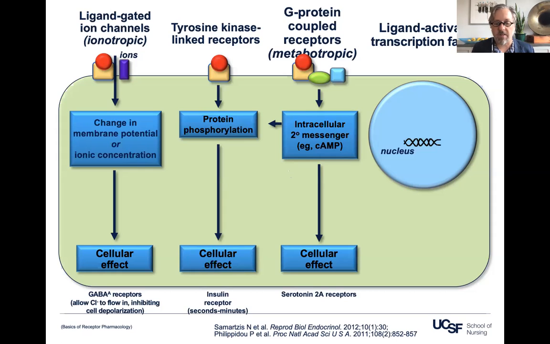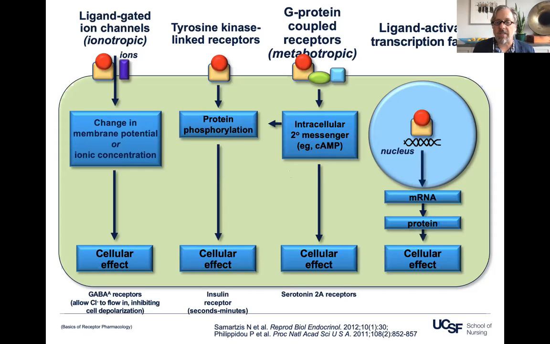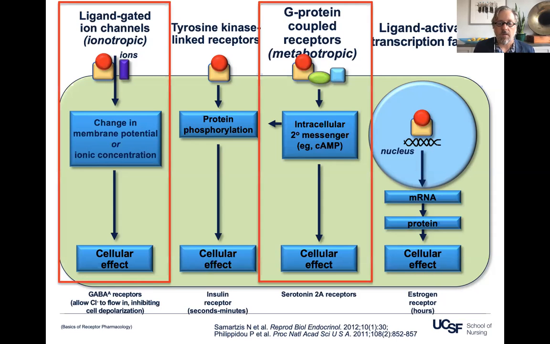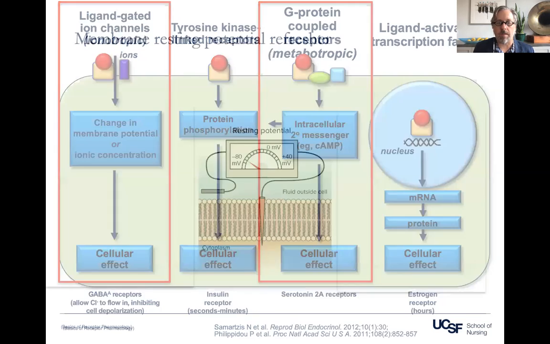A good example of this would be a lot of our antidepressants. And then finally, things that cause change to the cell nucleus and cause cellular growth. And this is a very slow process, such as in estrogen receptors. So those are ligand activated transcription factors. Okay, so these are the two that we mostly focus on in psychiatry, frankly, is the ionotropic and the metabotropic, or G protein coupled receptors.